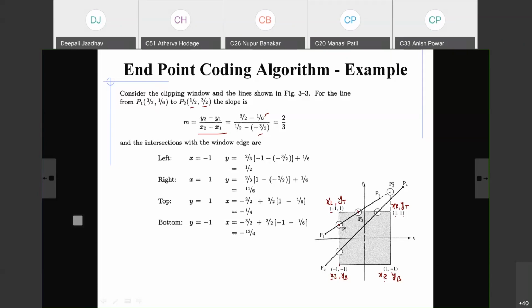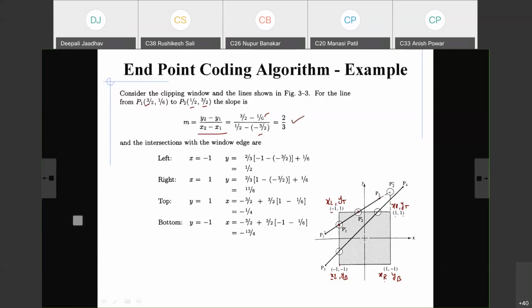P1 is here minus 3 by 2, on the left hand side. So it is P1 minus 3 by 2 comma 1 by 6. So 1 by 2 minus 3 by 2, and the result is 2 by 3. That is the slope of the line.